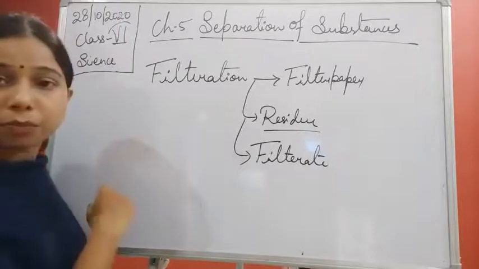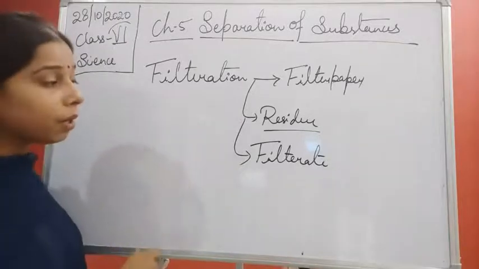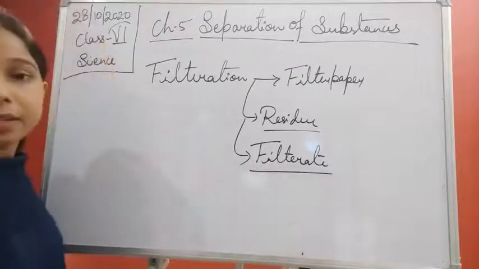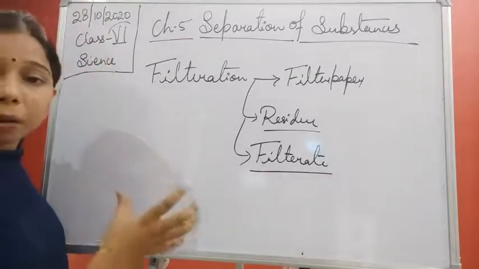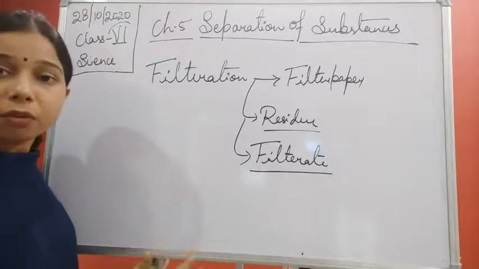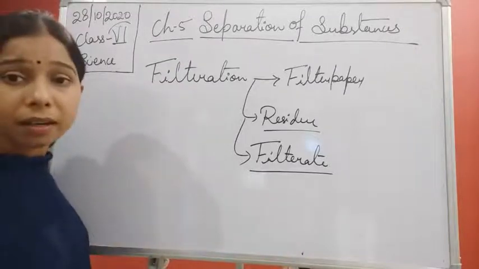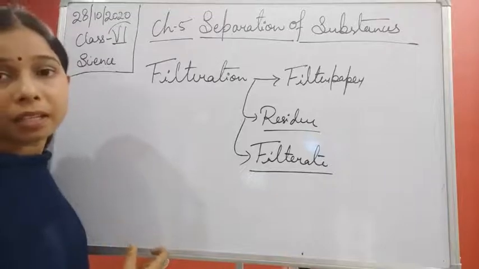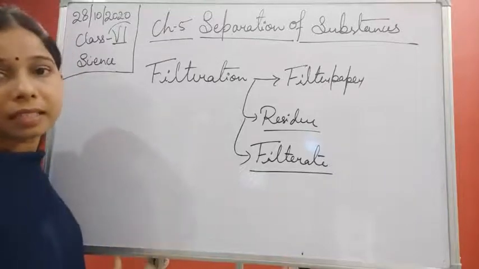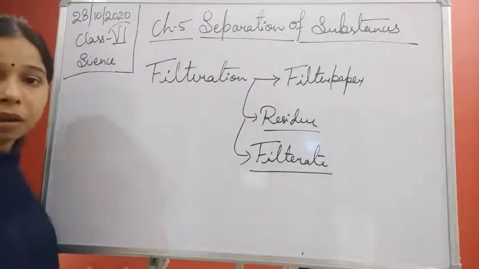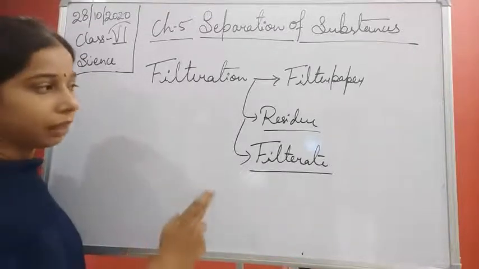and we use the term for it, that is known as a residue. What do you understand by filtrate? So you see, when we pour it, some of the liquid present in the mixture will pass through the filter paper through the funnel and can be collected into a different container or vessel. That filtered part is known as a filtrate.